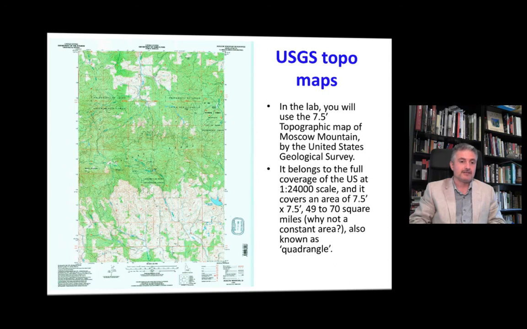So 1 centimeter is 240 meters. It's a rather detailed map, and you will be working with it in the lab. It covers the whole of the US at this scale.